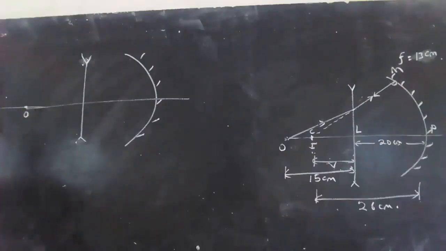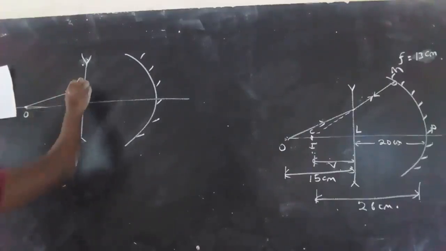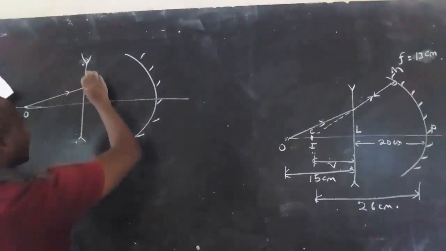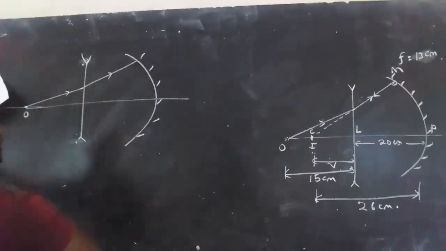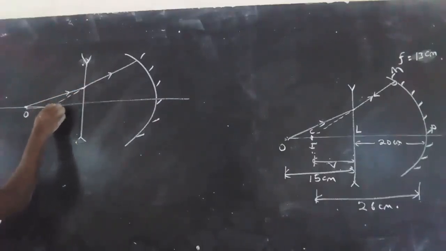The lens does 2 refractions, so the ray is refracted twice. The first one is this. From here it is refracted like this. When it is refracted, of course, it will form the first image here.